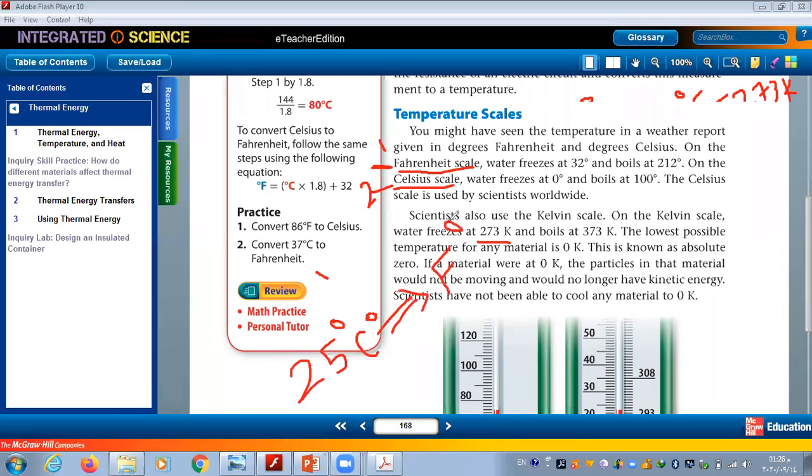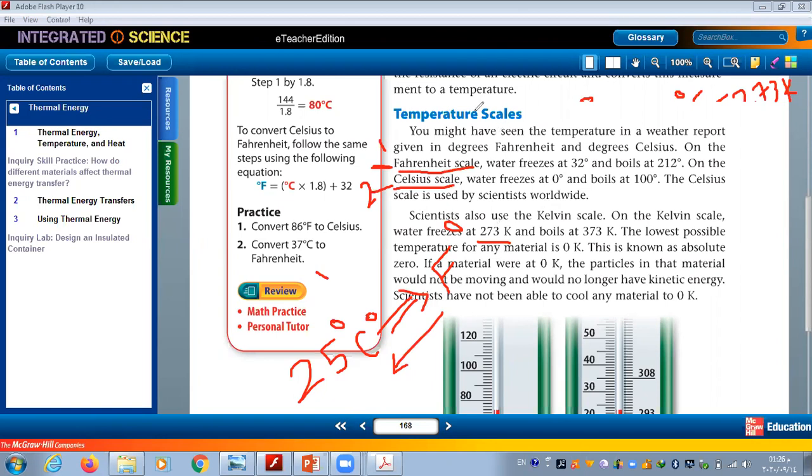We are going to use a mathematical equation to convert from Celsius to Fahrenheit, or the opposite, from Fahrenheit to Celsius. That is the second point of our lesson today.